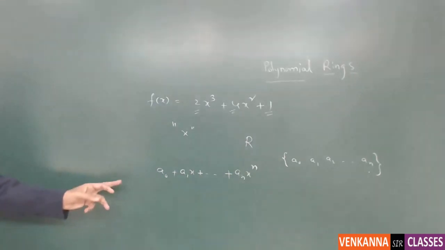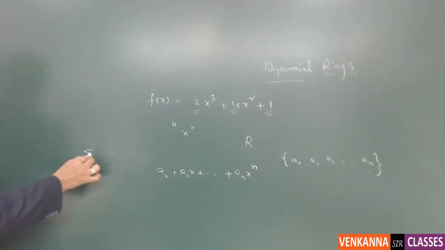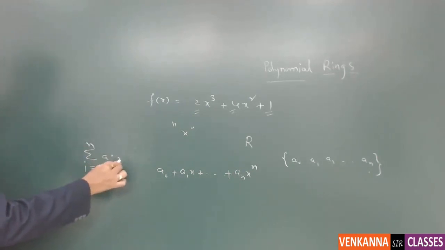We can write it using the summation notation: summation i equals 0 to n of ai x power i.